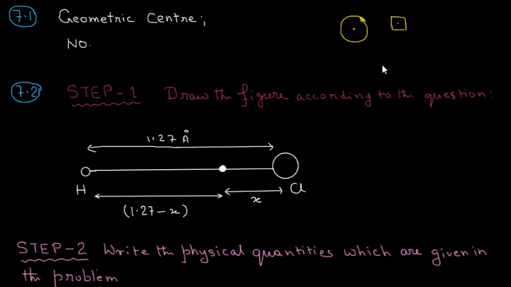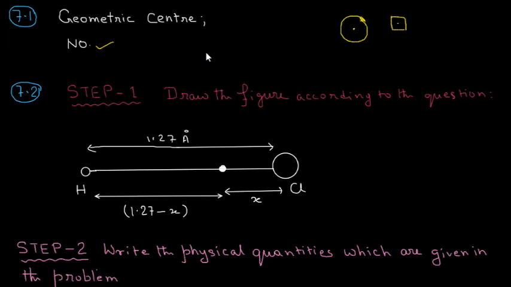The answer to this question is no, it can lie outside the body also. The center of mass of the body need not necessarily lie within it. For example, for bodies such as a ring or hollow sphere, the center of mass lies outside the body. That's it.